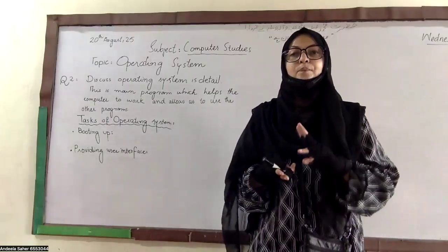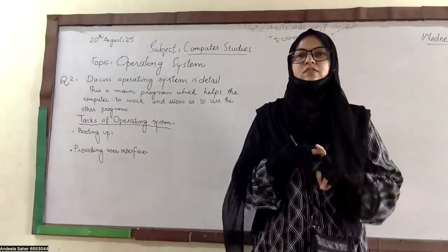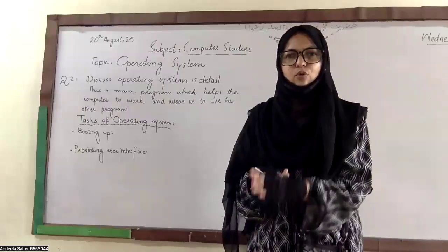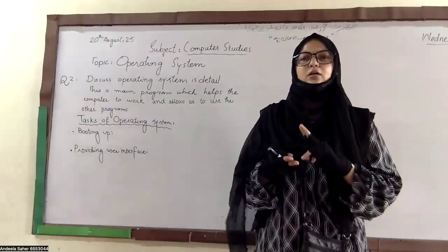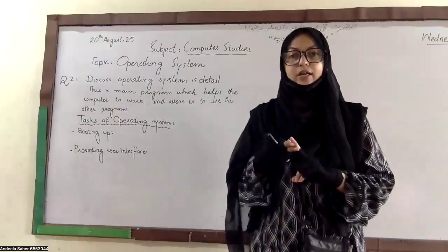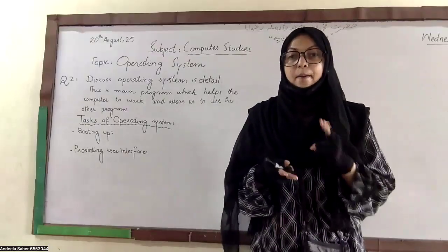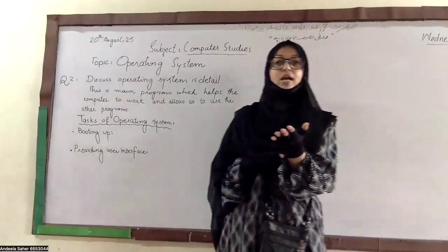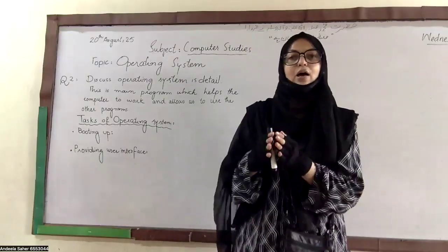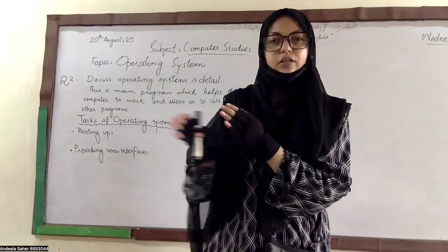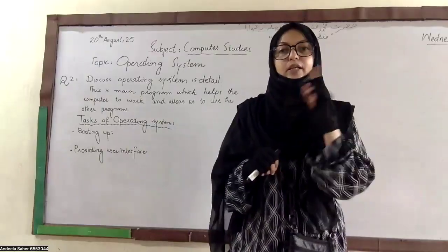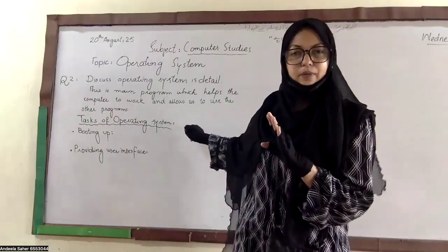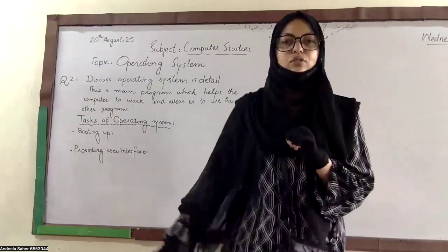Android is the operating system of Samsung, and also of Infinix, Vivo, etc. And iOS is the operating system of the iPhone. macOS is the operating system of the MacBook, which I am using right now. So we have different operating systems for different devices, and those operating systems help us boot up different applications and provide us the user interface.